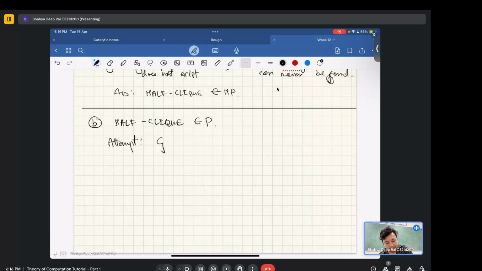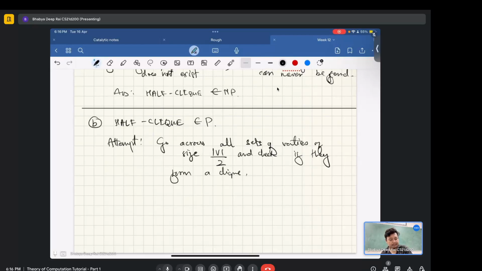What I'll do is go across all sets of vertices of size v by 2 and check if they form a click, right? But how many such subsets are there?